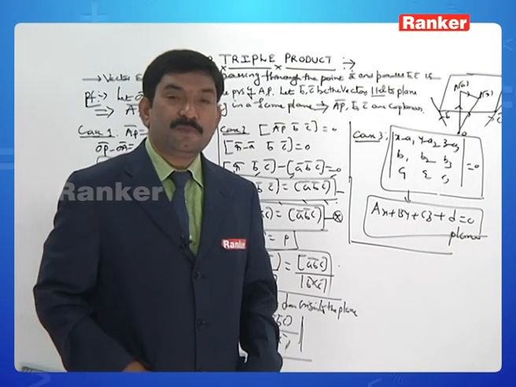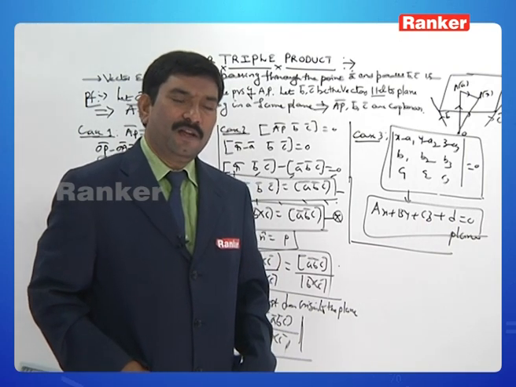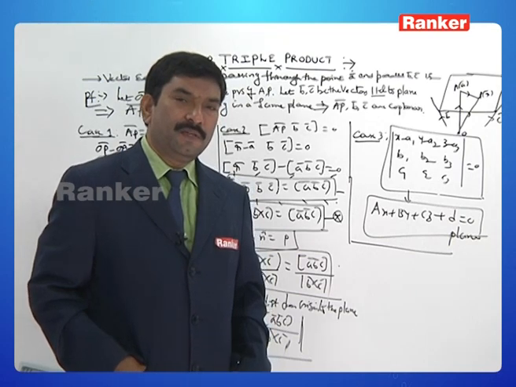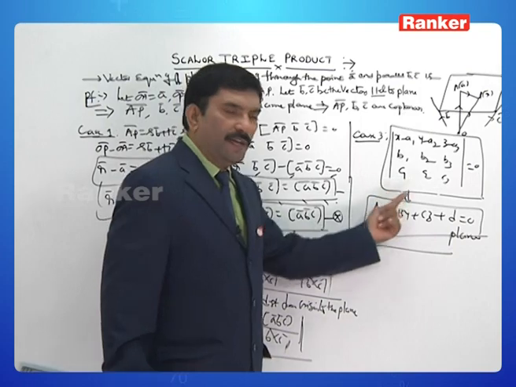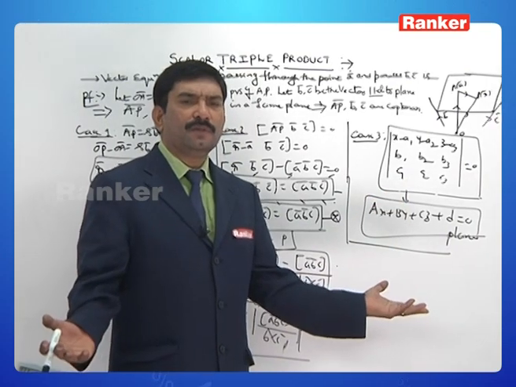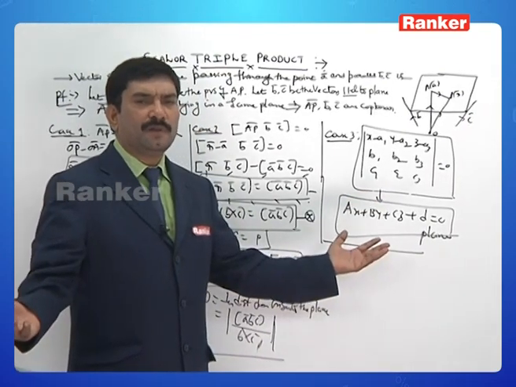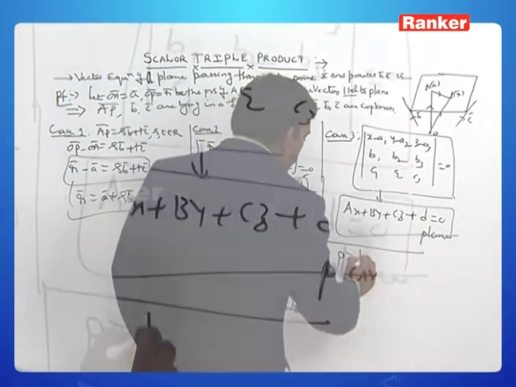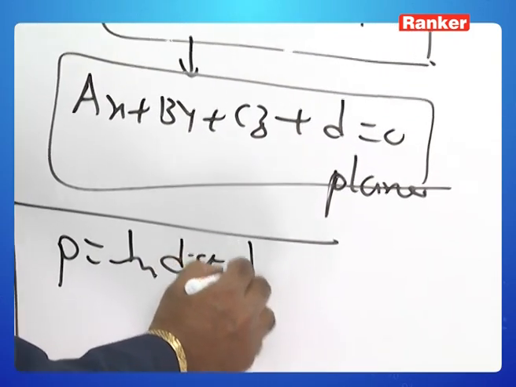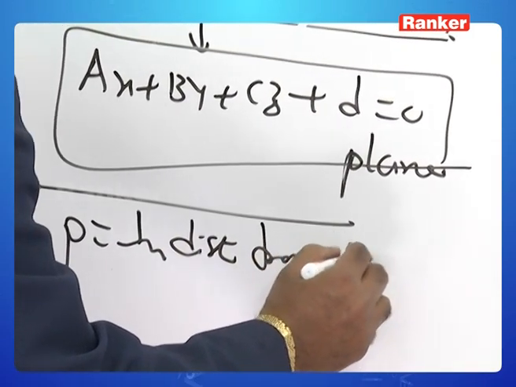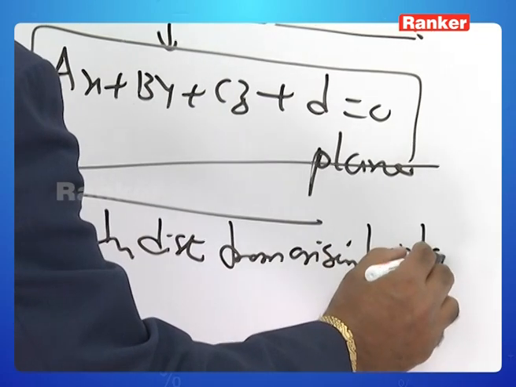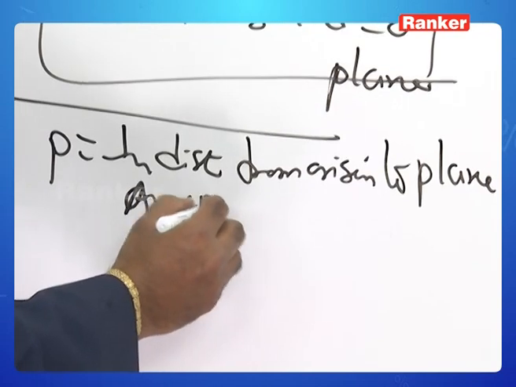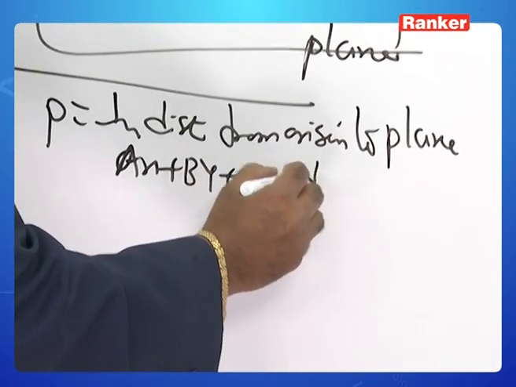So therefore this is the formula to find out the perpendicular distance from the origin to the plane. That plane is passing through what? A bar and parallel to what vectors? B bar and C bar. If you go like this, you can also find out the perpendicular distance from the origin to the plane ax plus by plus cz plus d is equal to 0.